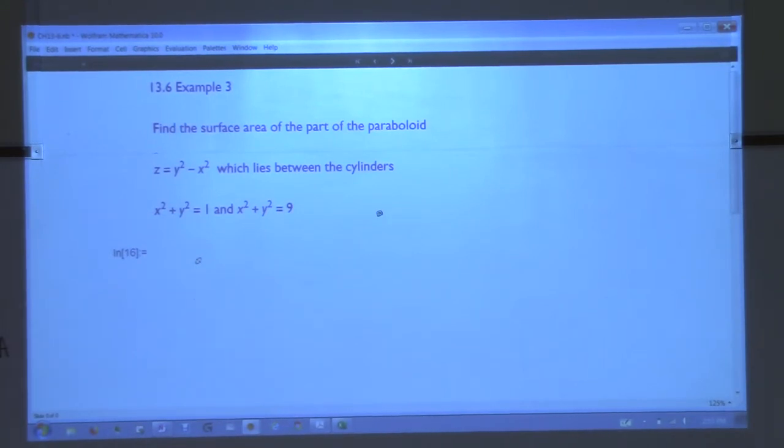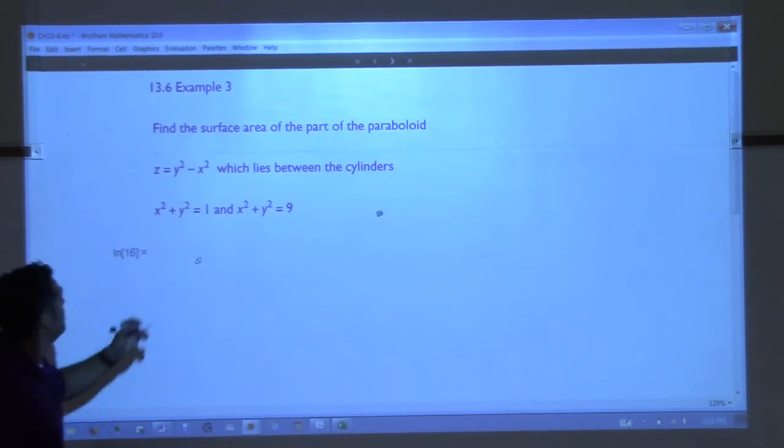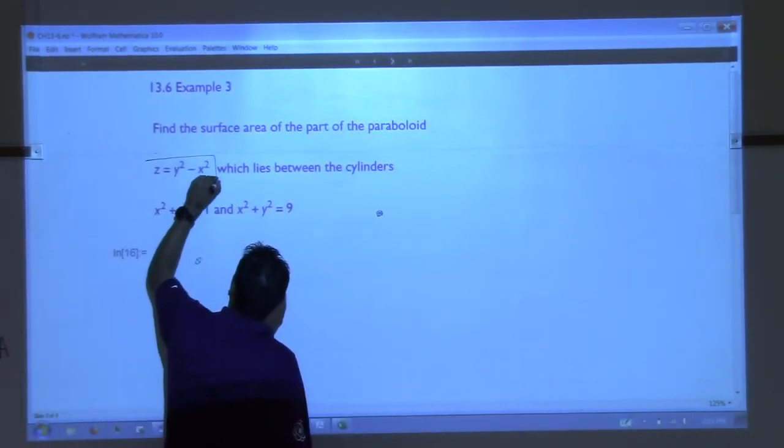Okay, so can I use the special formula? The surface I'm trying to find the surface area of can be looked at as a function of x and y. Which one is it? z equals y squared minus x squared, right? So this is our surface.